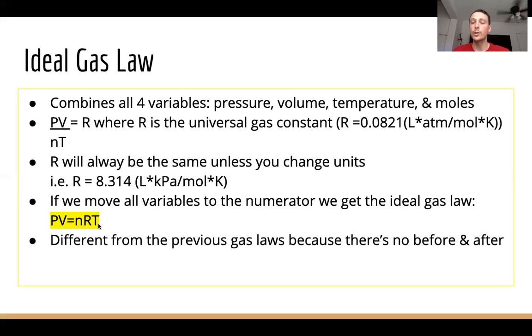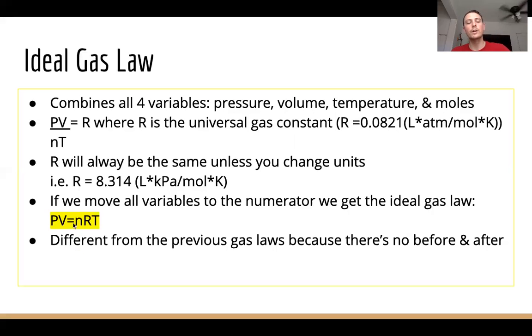So you'll notice this is different from the previous gas laws we've talked about. All the other ones had a before on the left side and an after on the right side, right? A 1 and a 2 on the sides. However, this one, because it has all four of our variables together, we don't need to have a before and after to figure something out.